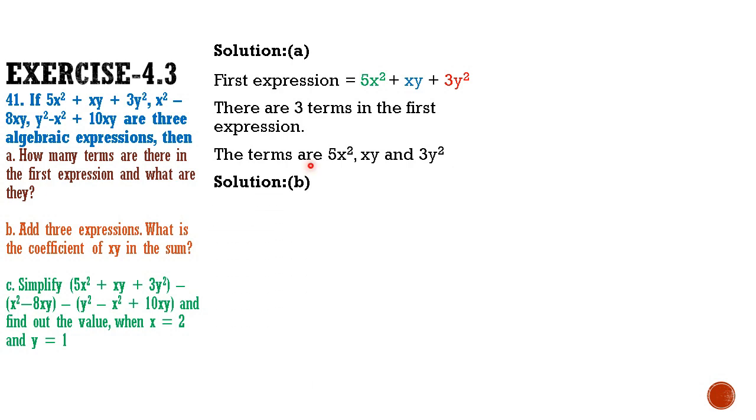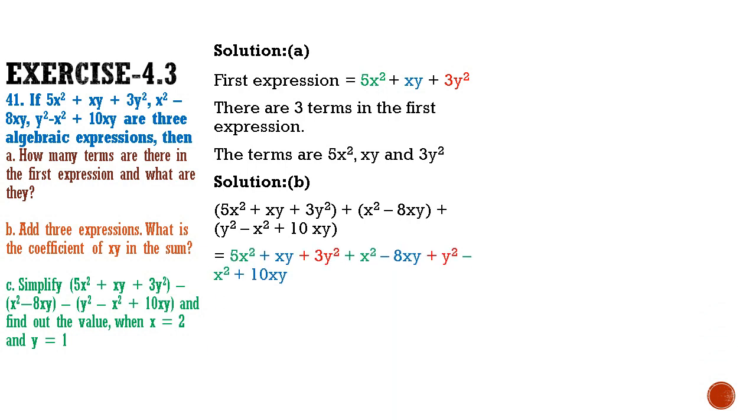So now solution number B, my dear. Add 3 expressions. What is the coefficient of xy in the sum? As you can see, 5x square plus xy plus 3y square plus x square minus 8xy plus y square minus x square plus 10xy.